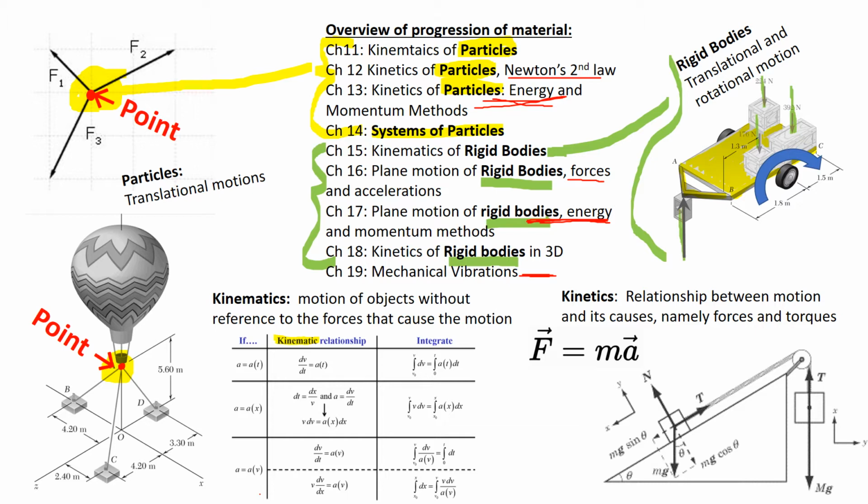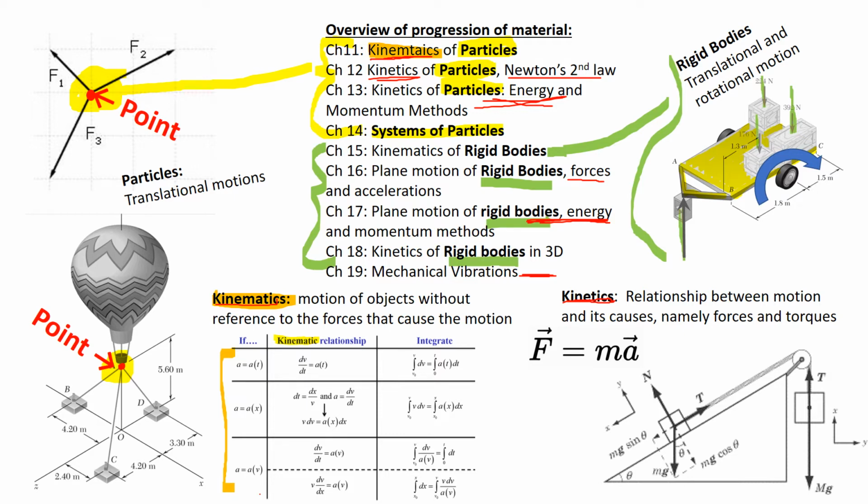The other way to divide this material up is kinematics and kinetics. Okay, so these are two different ways to analyze motion. Kinematics. This is chapter 11, which is going to be kinematics, and what this involves is just the very simple relationships of v equals dx/dt, a equals dv/dt.